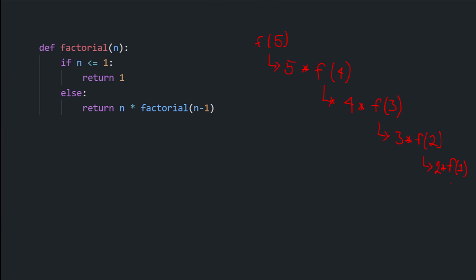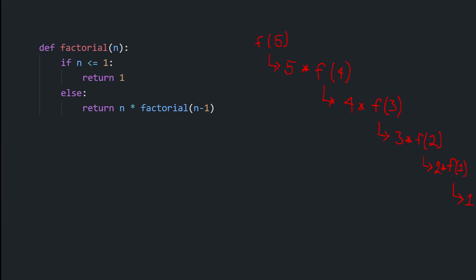At this point, when we call factorial of 1, it will check if it is indeed less than or equal to 1. Since it is, it will return 1. So now we have reached our base case, and we know the result of factorial 1.